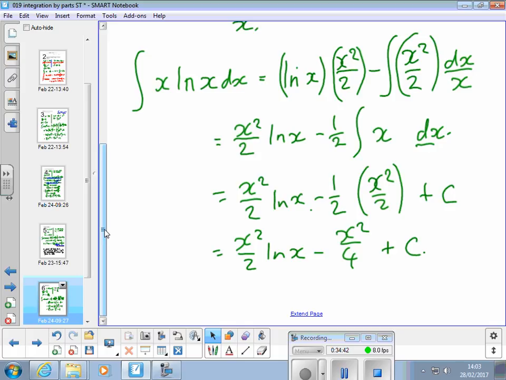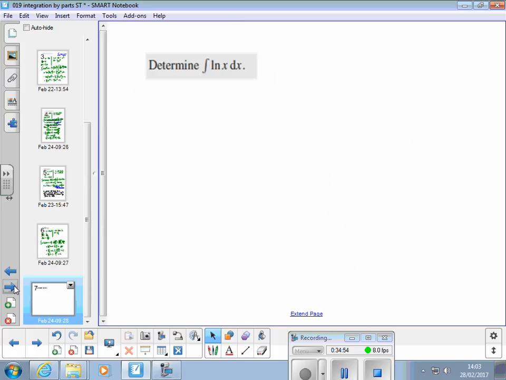Aye or nay? See that or not? Okay. So, can anyone think of a way to integrate ln x? We've got nothing in the table.